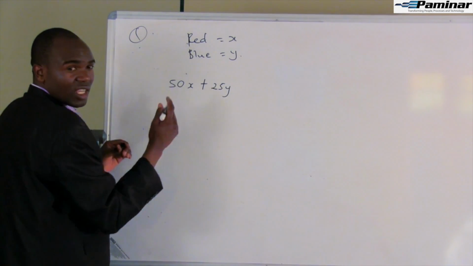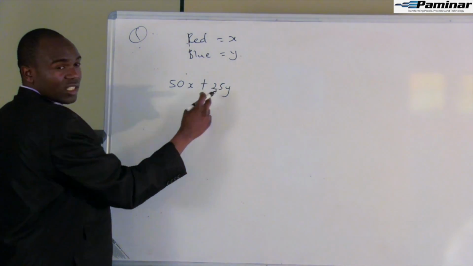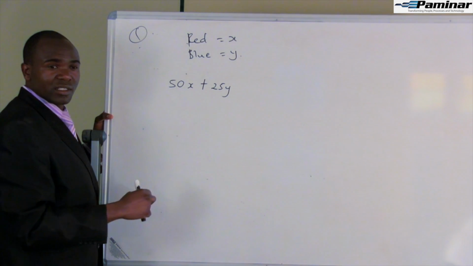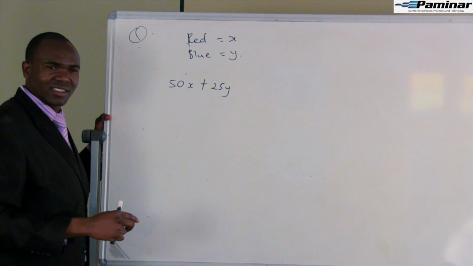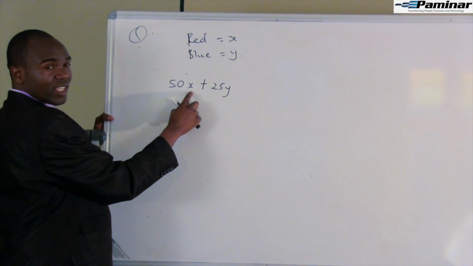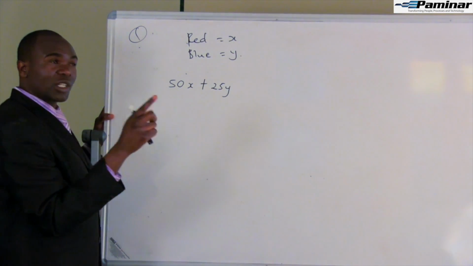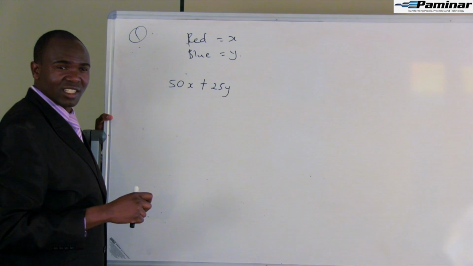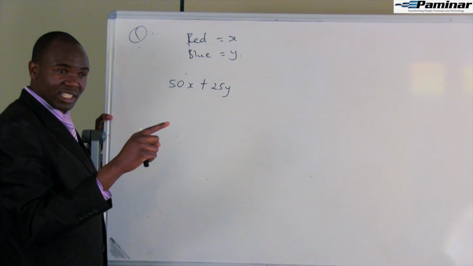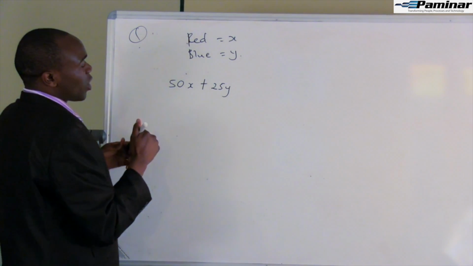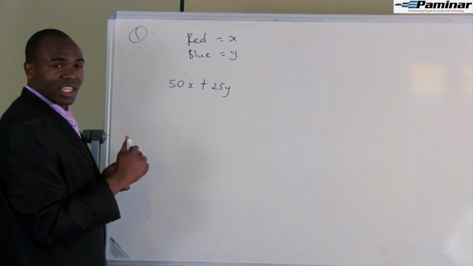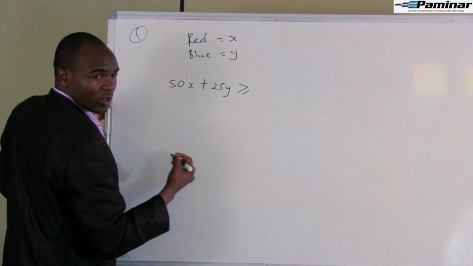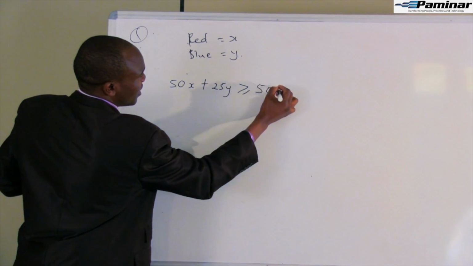So 50X plus 25Y. But all this should be able to accommodate how many learners? 500 learners. So it should be greater than or equal to 500.